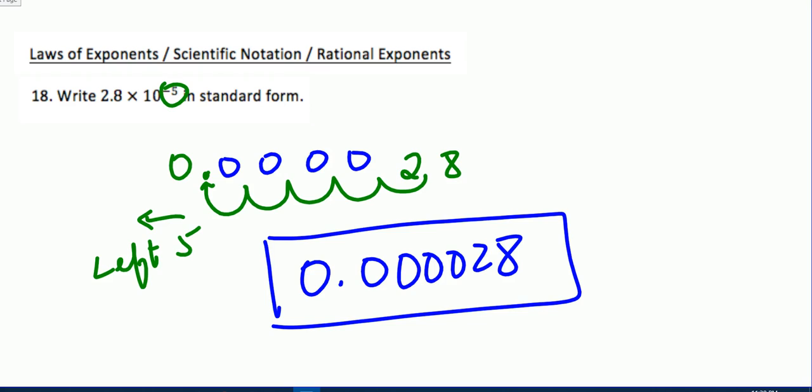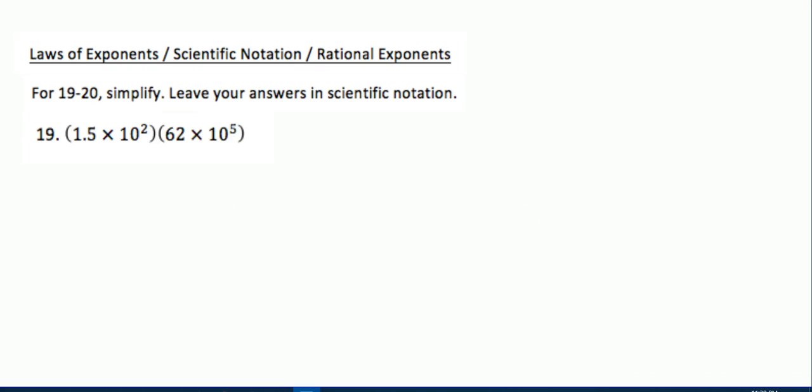Number 19. These look confusing at first. Maybe they look confusing, maybe they don't. What you want to do, I always try to keep these numbers together, and then I try to keep these numbers together. So 1.5 times 62 is something that should be done in the calculator, which I believe is 93.